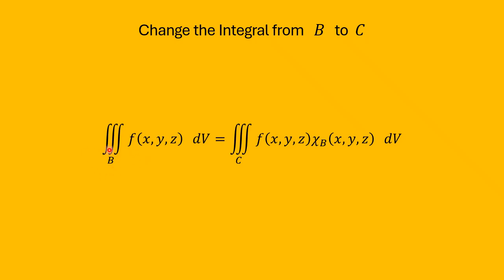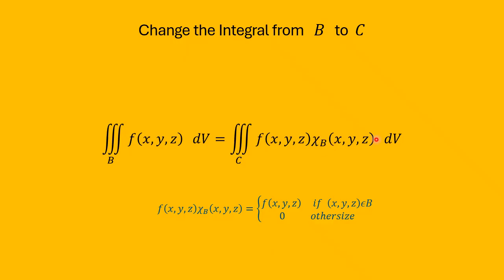Instead of integrating over the ball B, we're going to integrate over the cube C. Our integrand in this place is going to be f of x, y, z times the characteristic function of the set B evaluated at x, y, z dv. So we're going from an integral over a ball to an integral over a cube. If we look at this integrand, remember how we define the characteristic function.